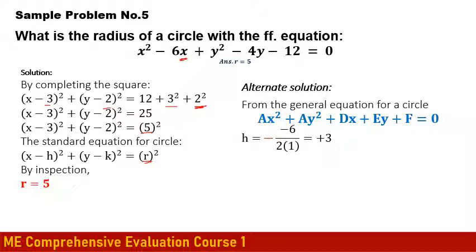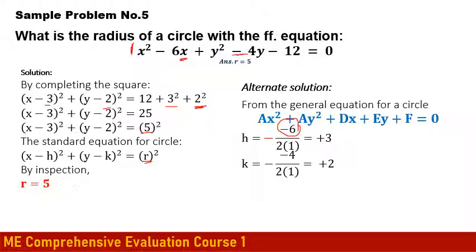Since we have negative here, that's why we have h is equals to positive 3. A is the coefficient of x squared.